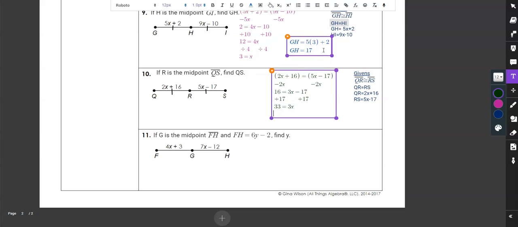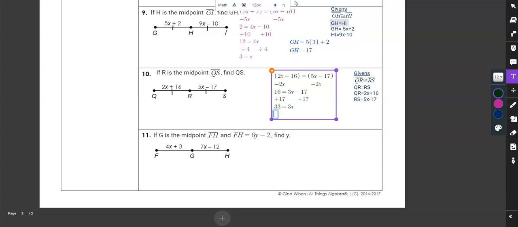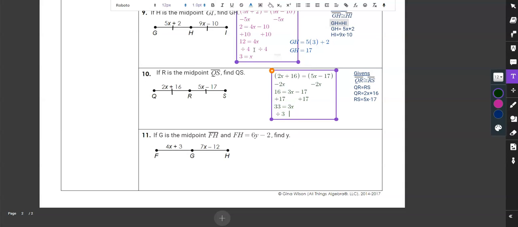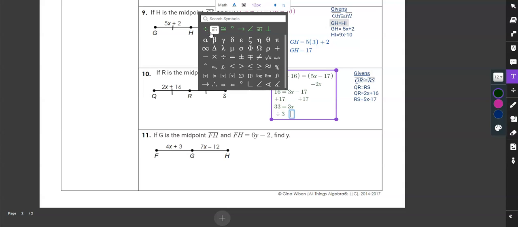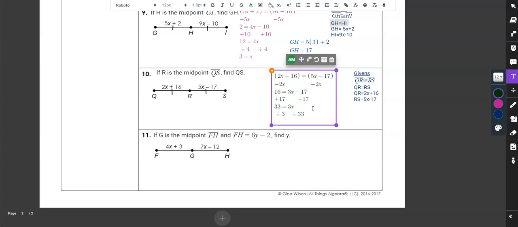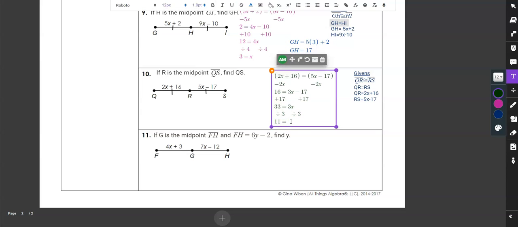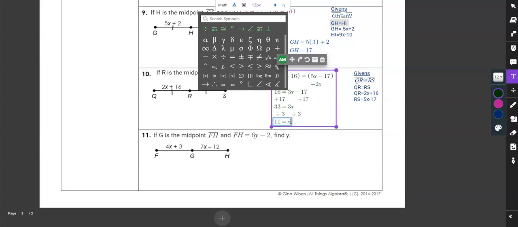We will then do our next step of dividing both sides by 3. And luckily, 3 divided by 3 is 1, since anything divided by itself is 1. And we conveniently ended up with a lovely multiple of 3. So we have 33 divided by 3 is 11. And 3x divided by 3 is just going to be x.